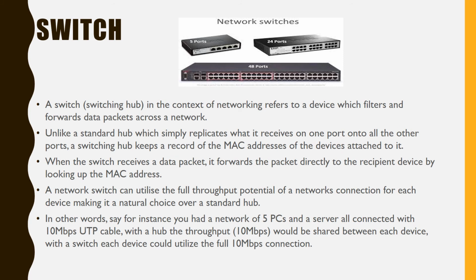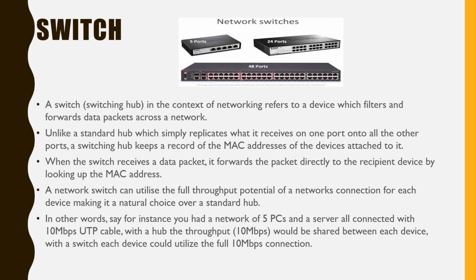Now switches. A switch is an intelligent type of hub. It is the same as a hub, no difference is there. But the only difference between a hub and a switch is that a switch is able to identify a machine.